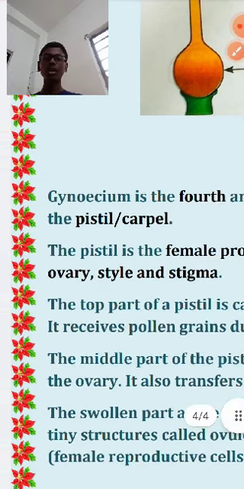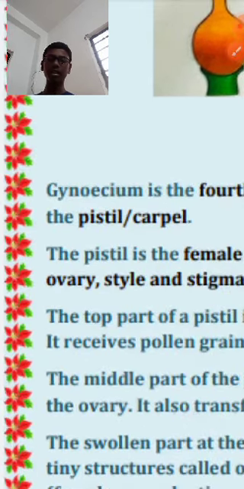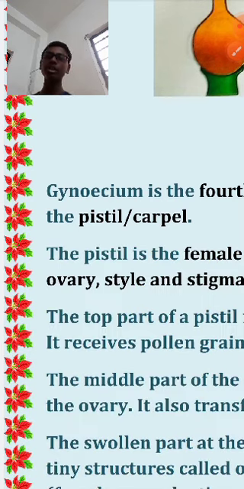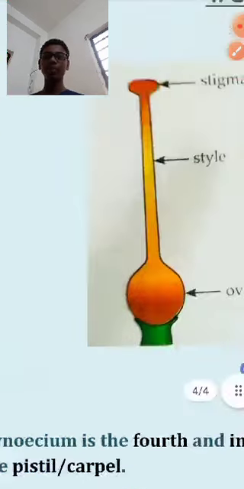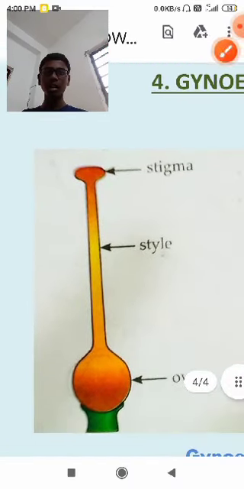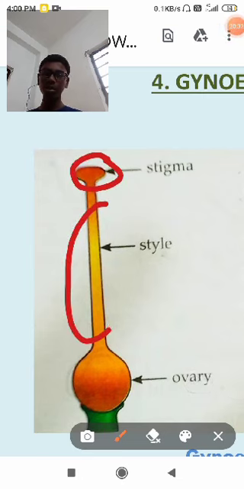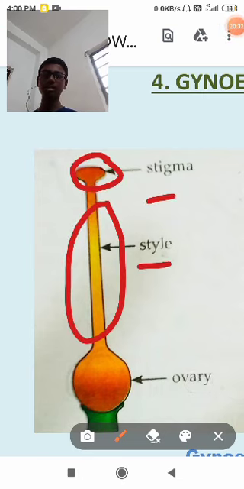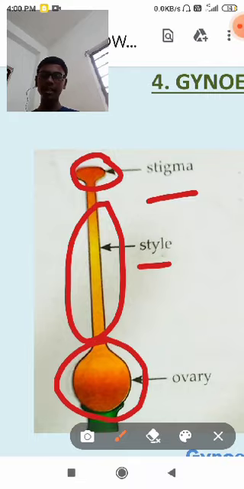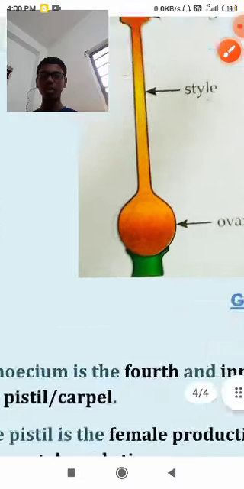As androecium consists of stamen, and stamen consists of anther and filament, gynoecium consists of pistil, and pistil consists of three things: ovary, style and stigma. The top part is known as the stigma, the tube-like structure in the middle is known as the style, and the swollen part at the base is known as the ovary.